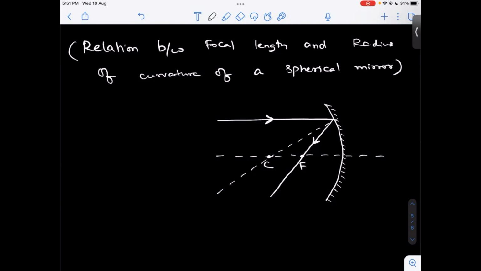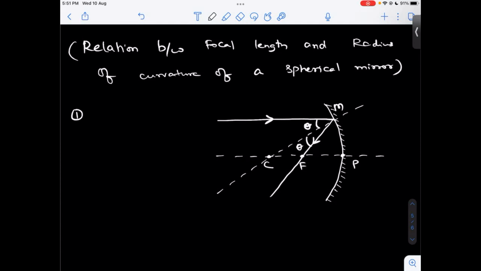Now this is going to be the normal. If this angle is taken to be theta, then how much is this angle? Same theta, right? So if I take P to be the pole and M to be the point of incidence, now, even before we proceed with the derivation, there are two important points that you need to know.